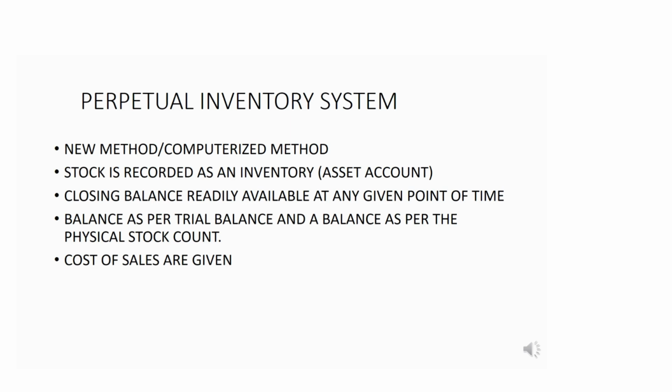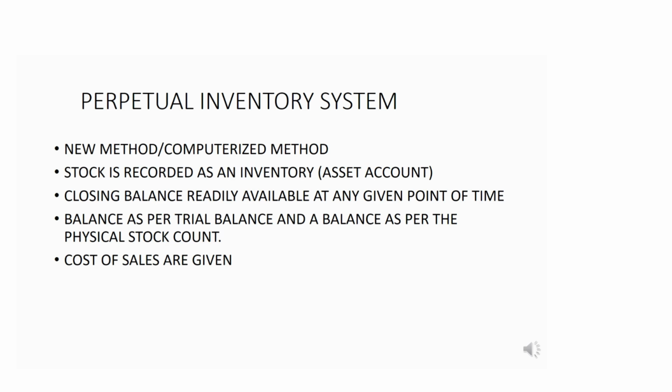It says minus one because it has been sold. So it is easy for us to access that software system, so that we are able to determine the value of closing stock at any given point of time.